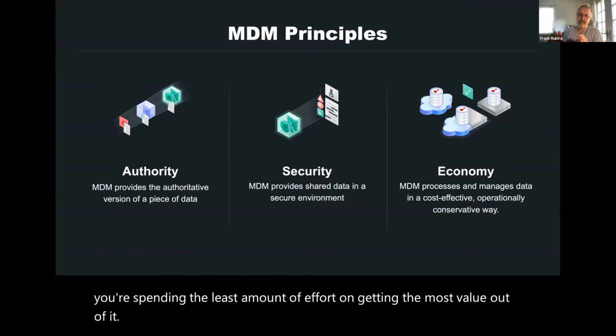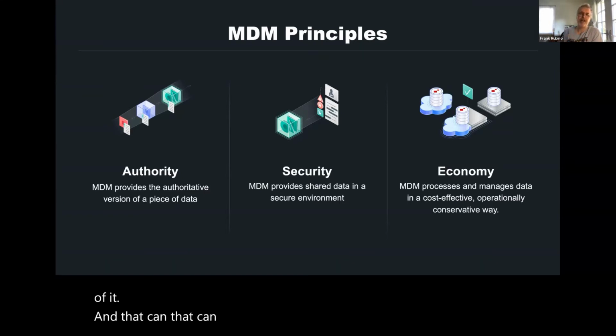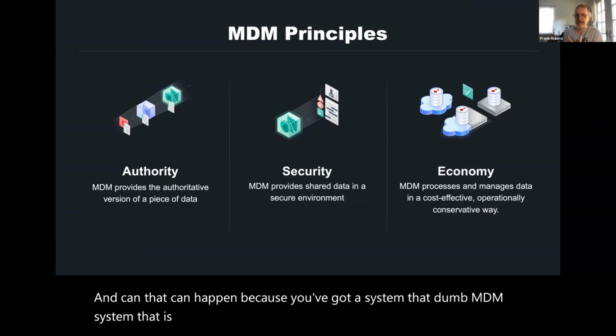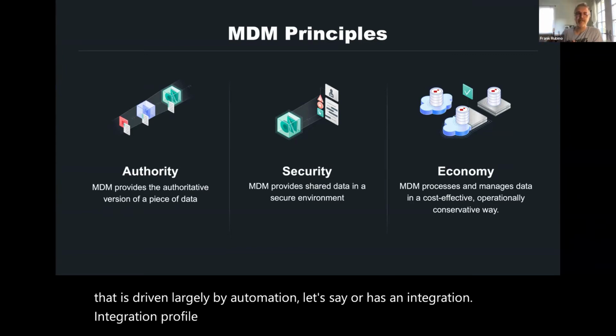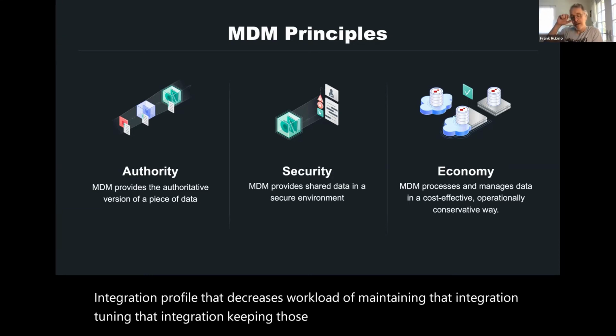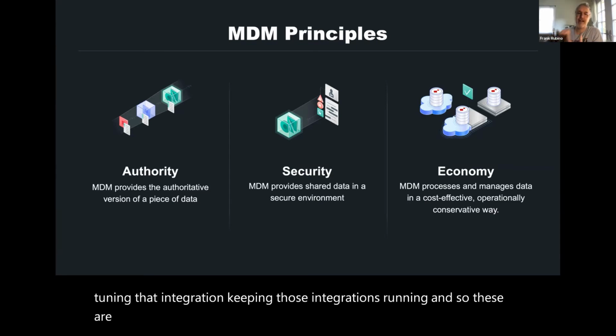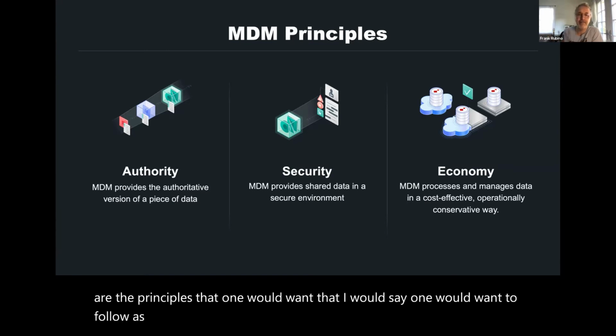That can happen because you've got an MDM system that is driven largely by automation, or has an integration profile that decreases the workload of maintaining, tuning, and keeping those integrations running. So these are the principles that I would say one would want to follow as one architects an MDM solution.